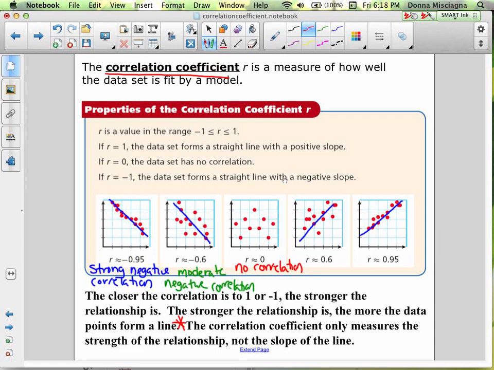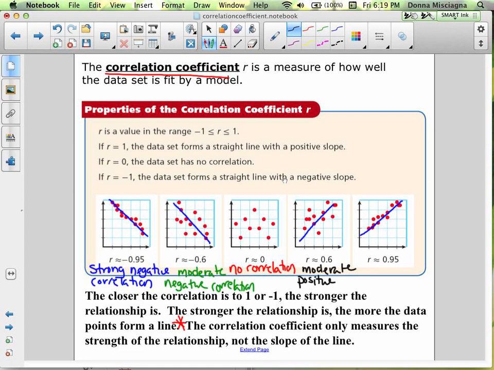Those points are not following any type of line. That's no correlation. All right, next to that, we have a moderate positive correlation. So whether it's when we have a negative correlation, the points are following a line with a negative slope.